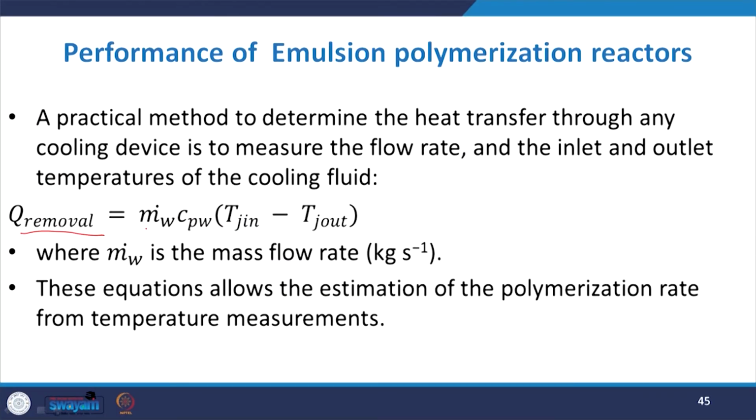The practical method for determining the heat transfer through any cooling device is to measure the flow rate and the inlet and outlet temperature of the cooling fluid. So, you can represent the Q removal as Mw Cp (T in minus T out). Here this Mw is the mass flow rate having the unit of kilogram per second. Now, these equations allow the estimation of polymerization rate from temperature measurement.